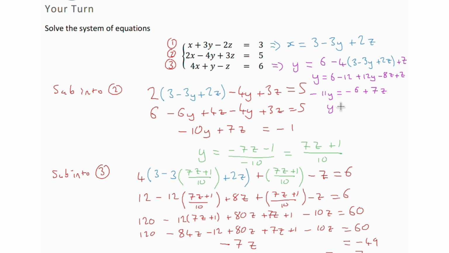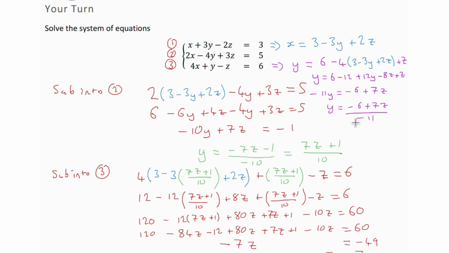So y is equal to minus 6 plus 7z over minus 11. And we could have done that and then substituted that one into here to get an equation just in z that we could have solved.